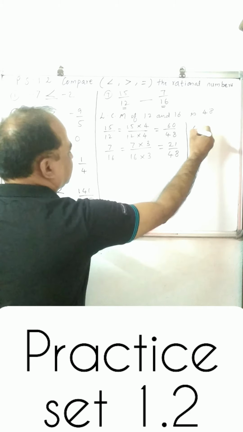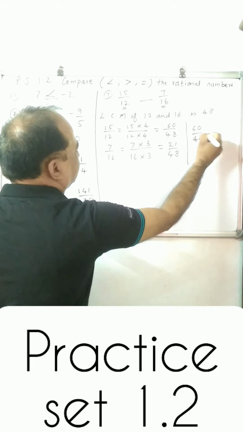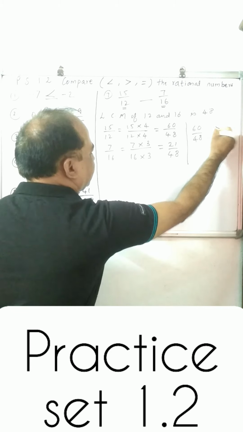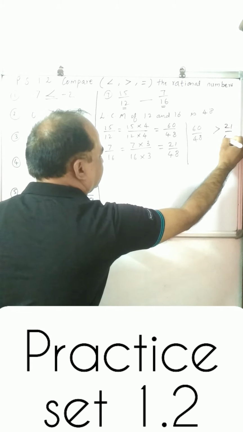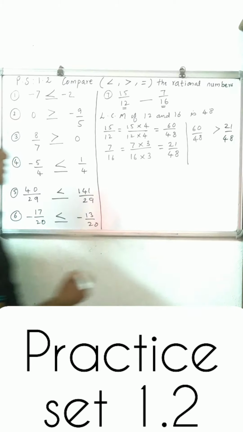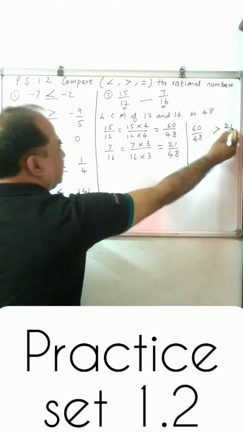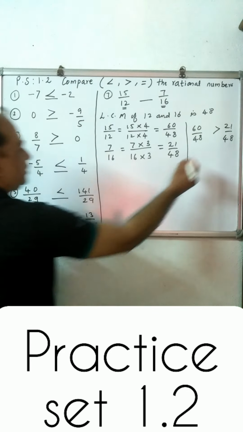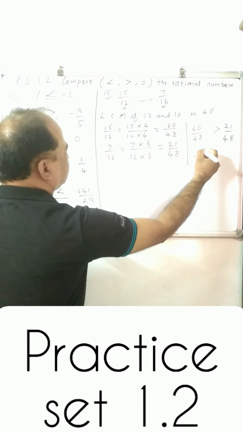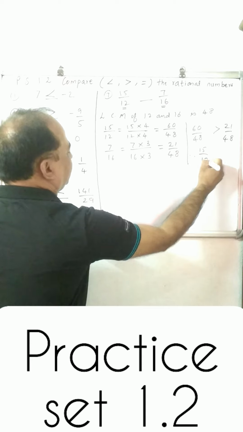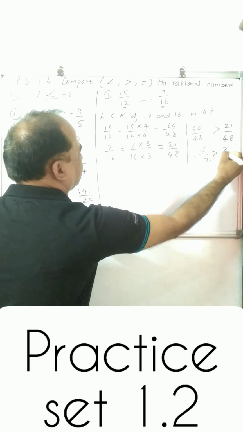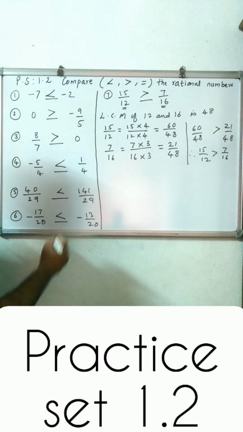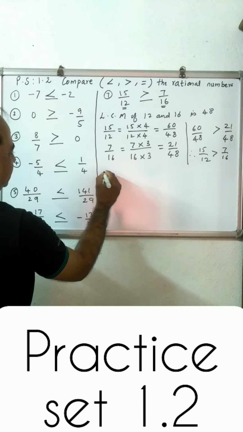Now if you see, 60 upon 48 is greater than 21 upon 48. Now the denominator is same, 60 is greater than 21. Therefore the fraction 15 upon 12 is greater than 7 upon 16.